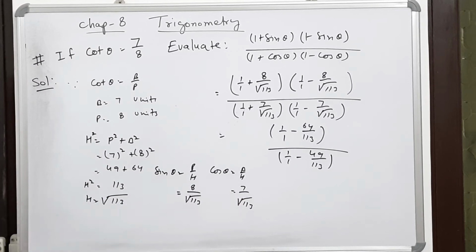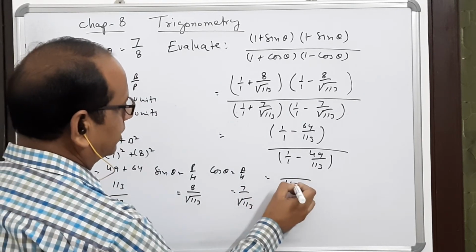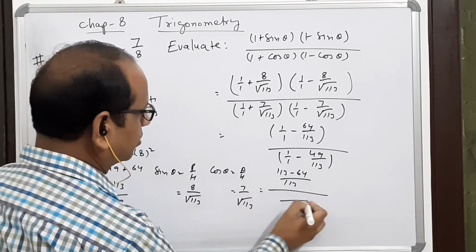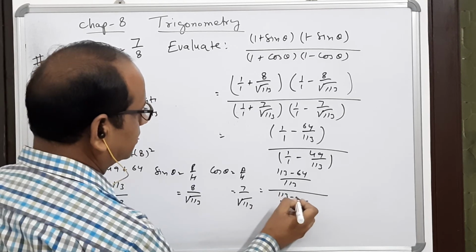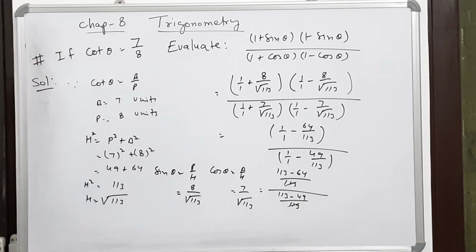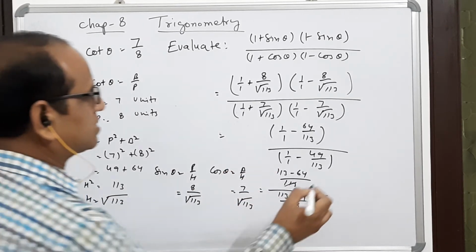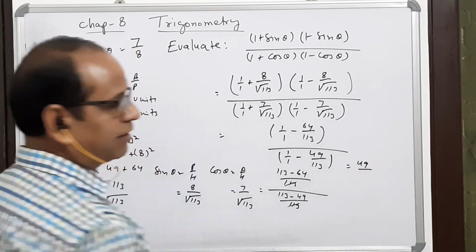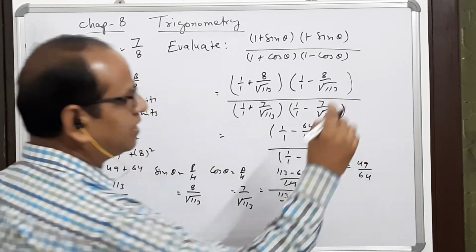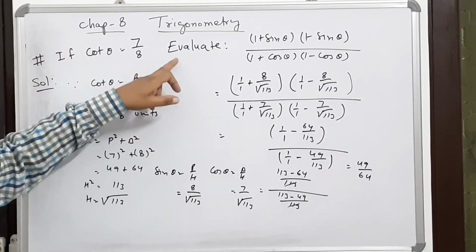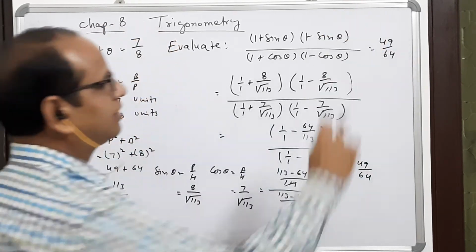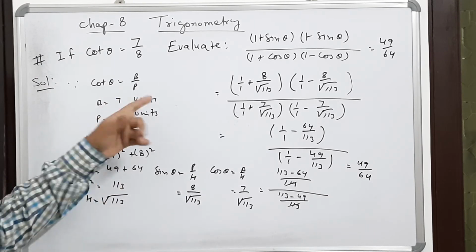To simplify it further, you take the LCM, it is 113, so 113 minus 64, and the LCM of the denominator is also 113, so it is 113 minus 49. Now this 113 and 113 cancel here. 113 minus 64 will be 49 and 113 minus 49 will be 64. So the answer of this will be 49 upon 64.